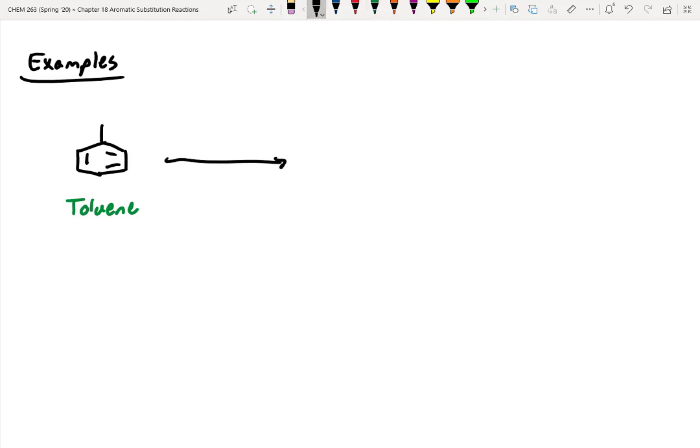And if we treat this with nitric acid and sulfuric acid in excess, you can actually get multiple nitrations to occur. In particular, we're going to nitrate the ortho and the para positions relative to that methyl group. We'll talk more about that later, but that's due to the activating nature of that methyl substituent.